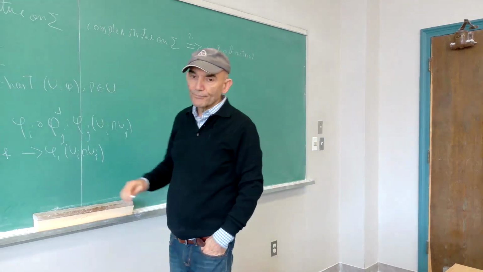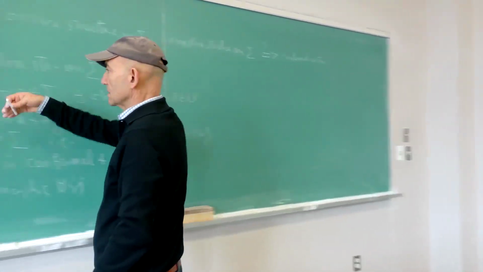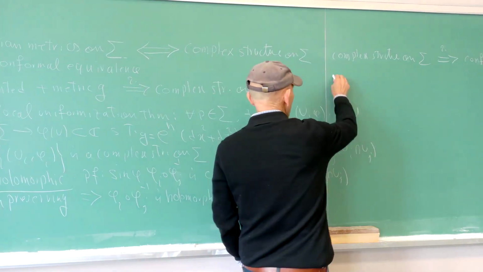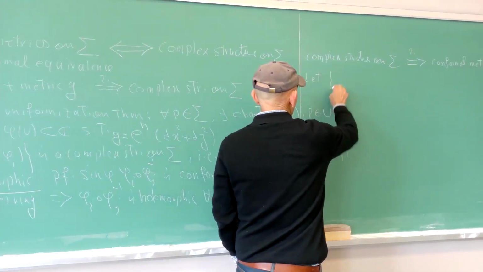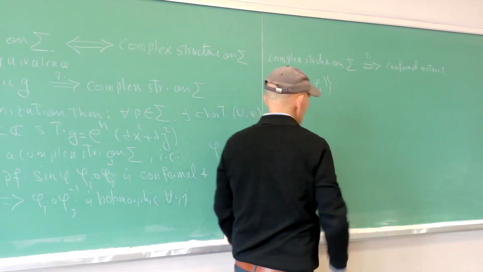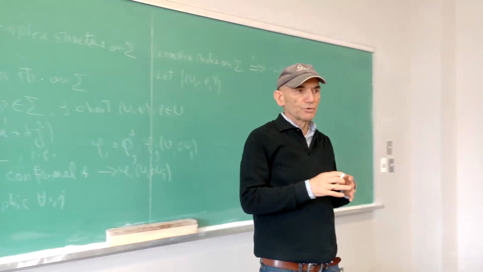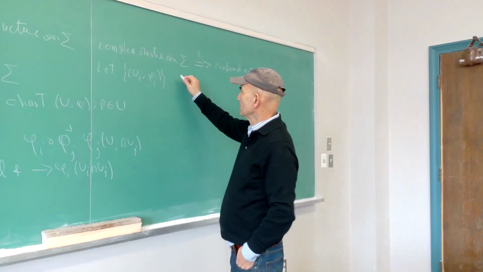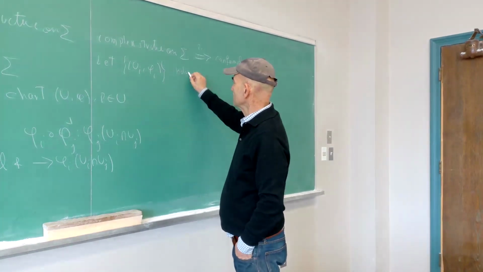The idea is very simple. It's very similar to this actually. So let U_i, phi_i be these charts which define the Riemann surface for you, the holomorphic charts.